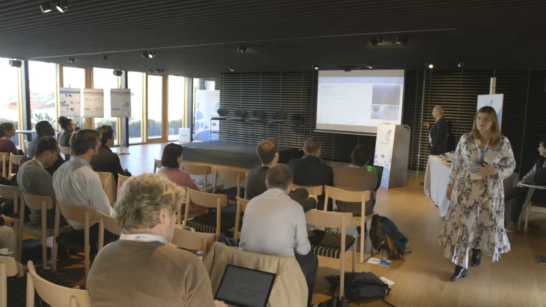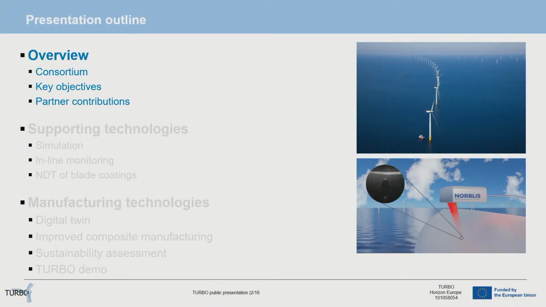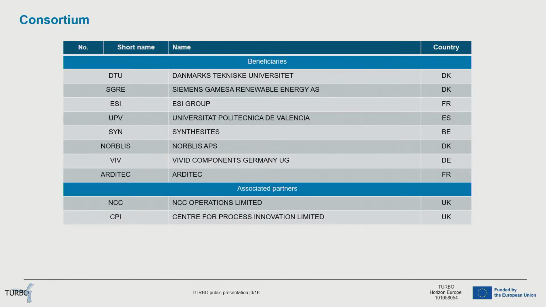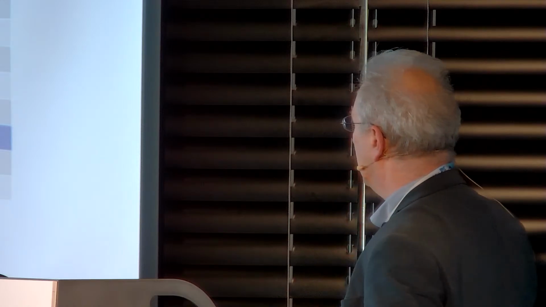So this project is in the zero waste area of Horizon 2020, I think. The consortium has, I'm not sure how many partners, 2, 4, 6, 8 partners from Europe, and then in the intermediate period the British partners were associated partners.